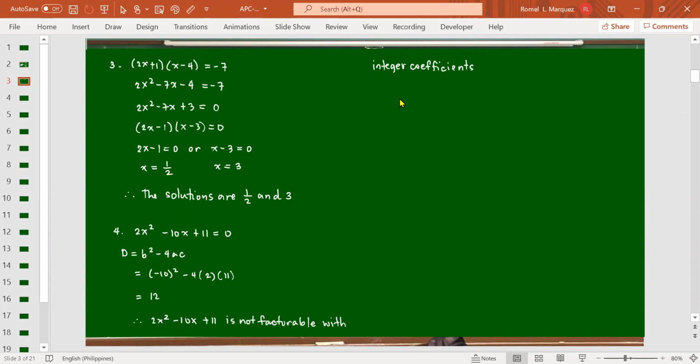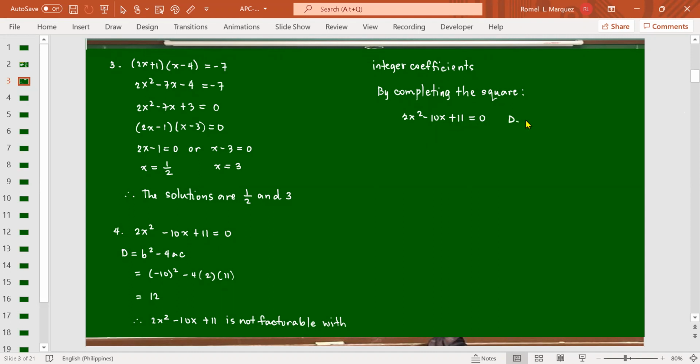We can solve this by what we call completing the square. So by completing the square, the first step is to make the coefficient of x squared 1.